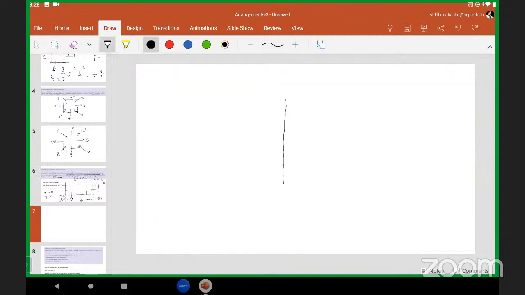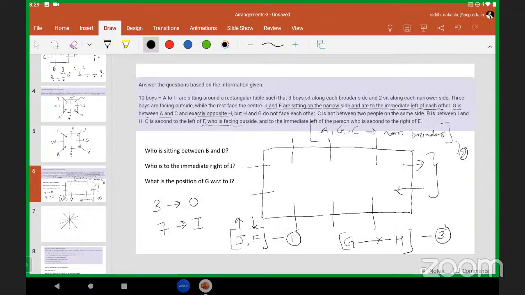So 2, 4, 6, 8, and 1 and 2. First we'll start with the basic statement, which was the easiest one, that is, J and F are sitting on the narrower side and are to the immediate left of each other.